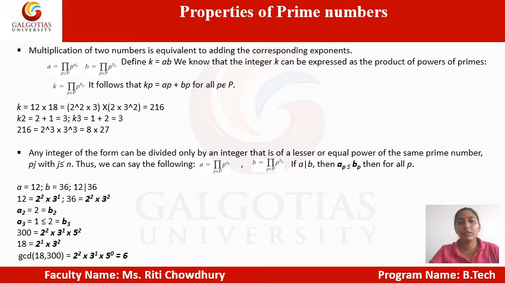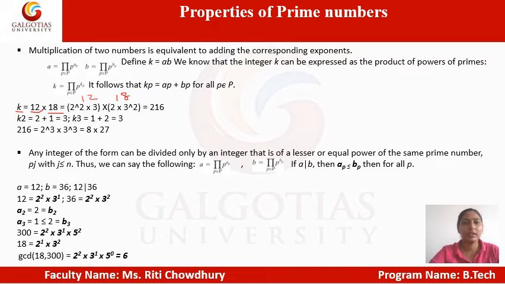Here is one example. Suppose we write k as 12 cross 18, and this can be written as 2 to the power 2 cross 3 and cross 2 to the power 1 cross 3 to the power 2. So we can write 12 as this, and we can write 18 as this. Now this is equal to 216.